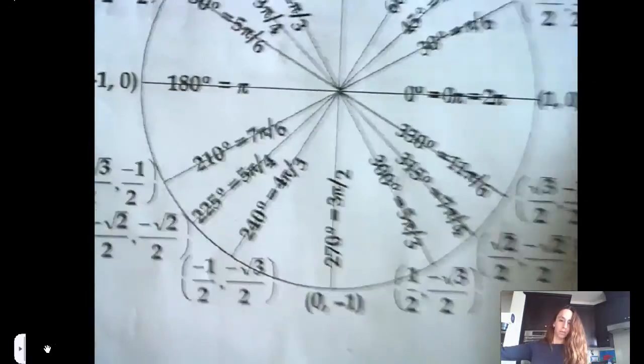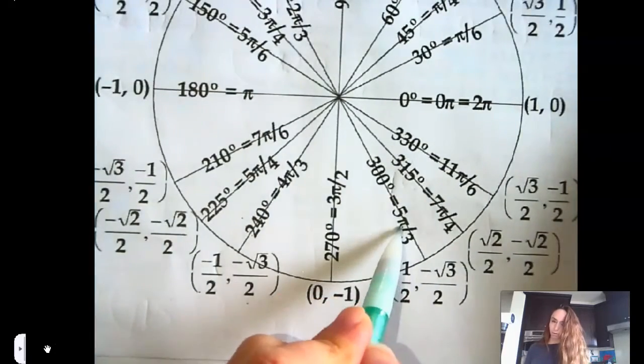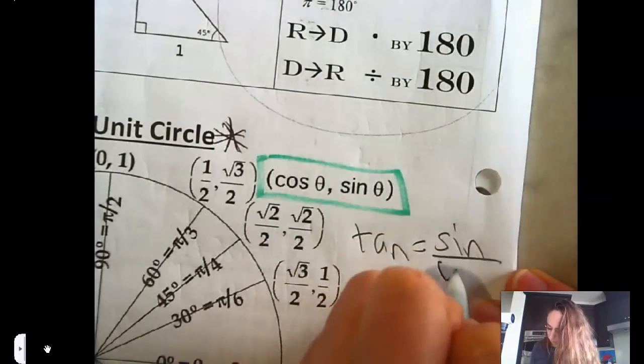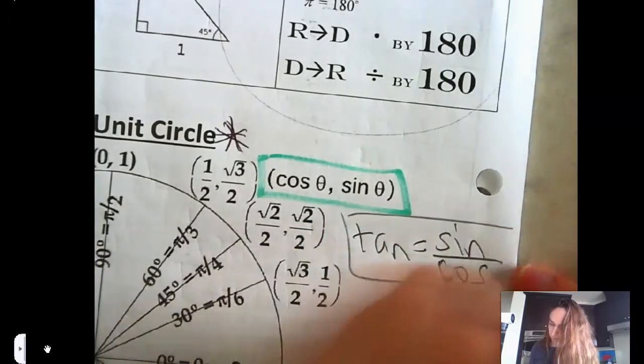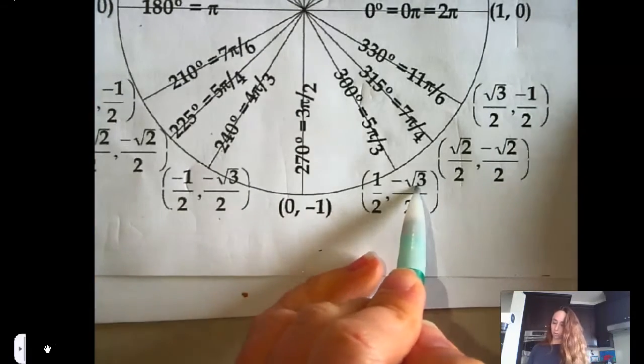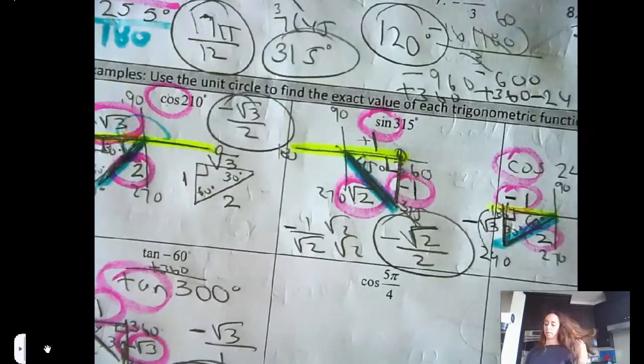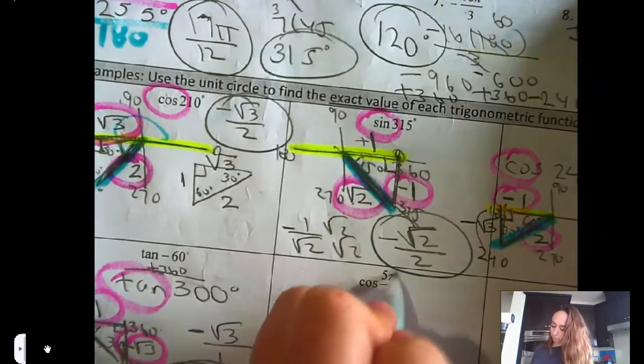I have the 300 here, but I don't have tan. All they gave me is cosine and sine. Well, remember, tan is equal to sine over cosine. So if I go to 300, negative rad 3 over 1, which is negative rad 3, which is what I got.